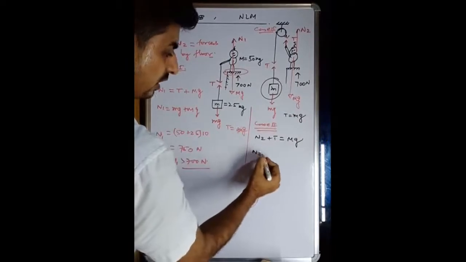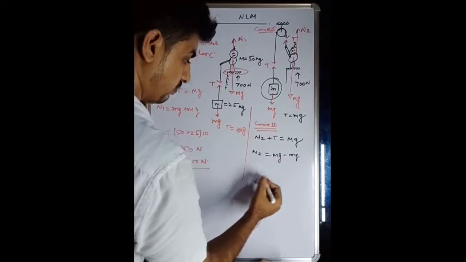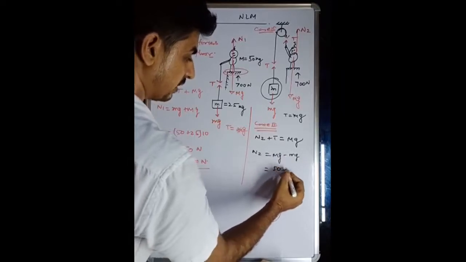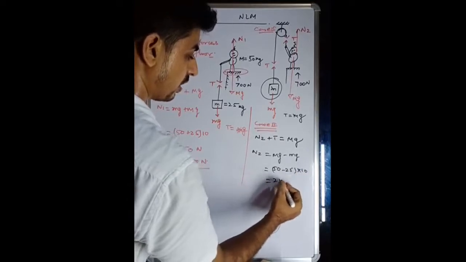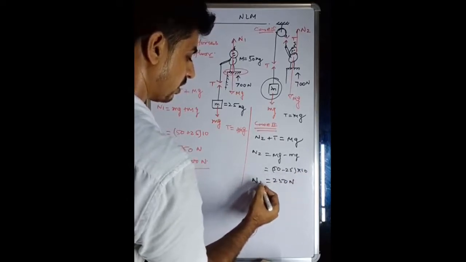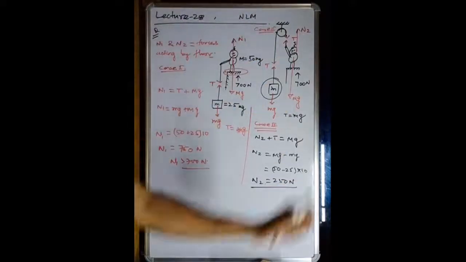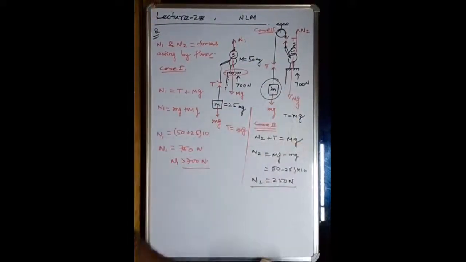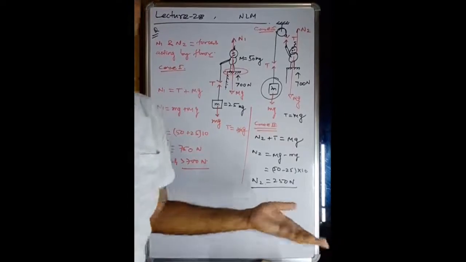So you can write N2 equals Mg minus small mg. It is 50 minus 25 times g. It is 250 Newton, N2. You can see the smile on the face of this man. Yes, this is the right way to pull the block from this well, you can say.